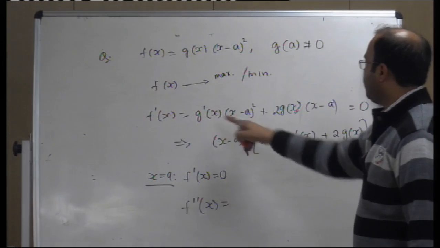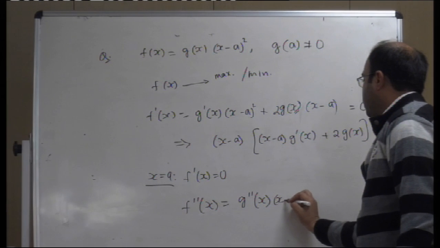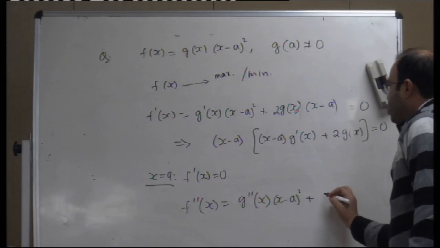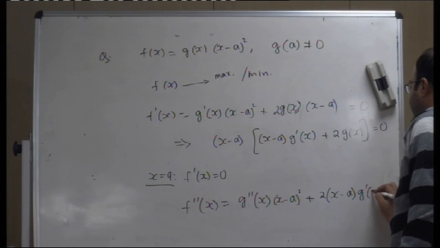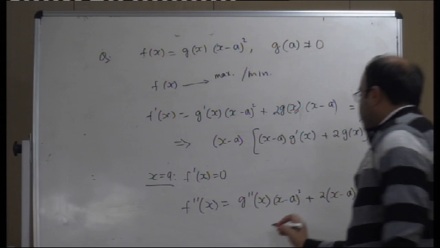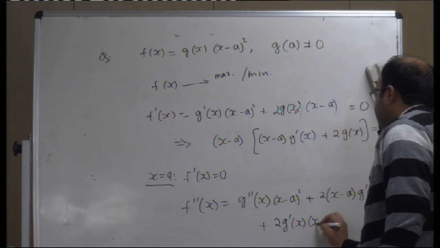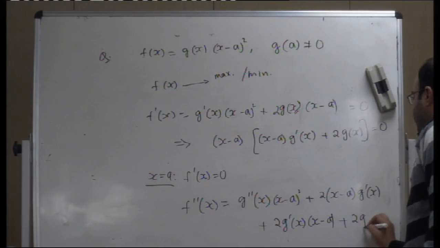So this would give you g double dash of x into (x minus a) whole square, plus twice of (x minus a) into g dash x, plus twice of g dash x into (x minus a), and then plus twice of g(x).